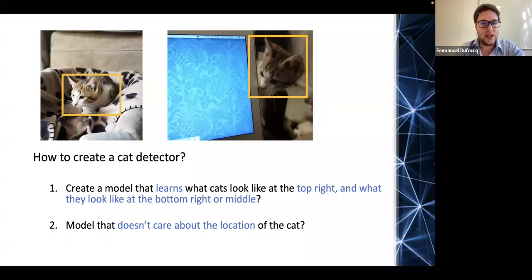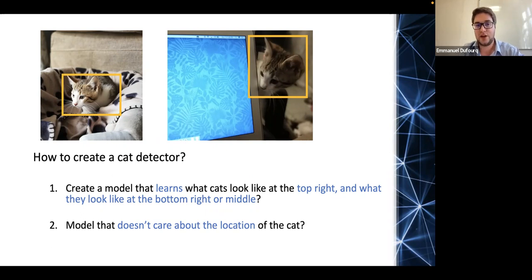Okay, so here you can see one of my cats, Coco. So here's a question. Do you think it would be good to create a model that learns if the top right of the picture contains a cat, if the top left contains a cat, if the middle of the picture contains a cat, if the bottom right contains a cat, if the bottom left contains a cat, or do you think it would be better to have a model that doesn't care at all where the cat is?